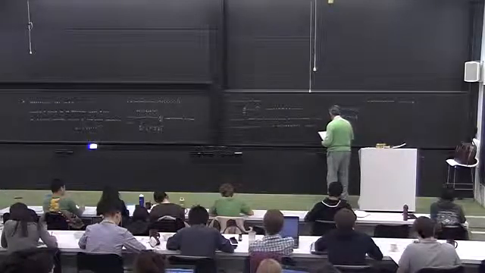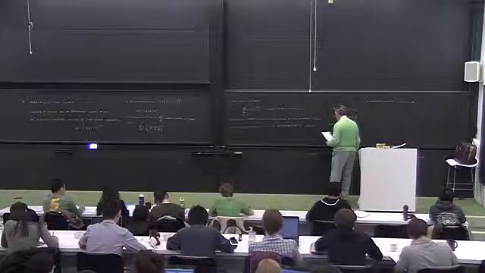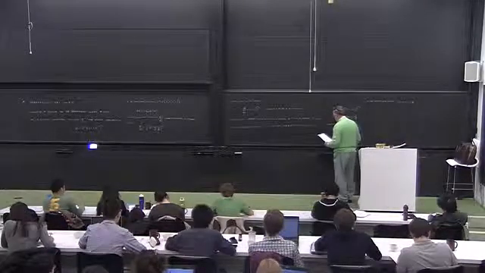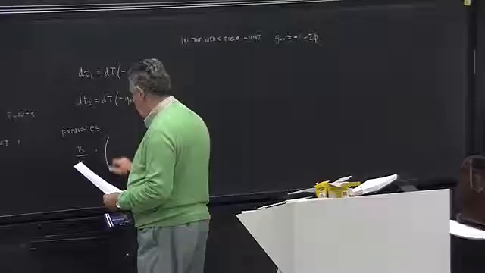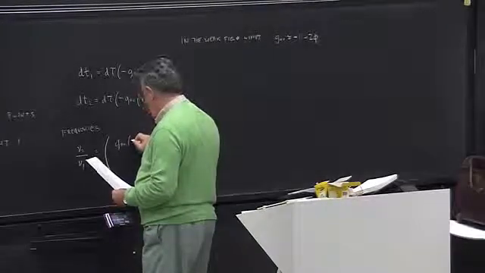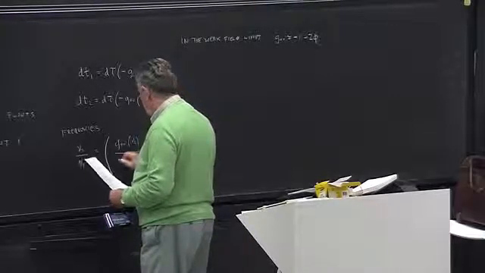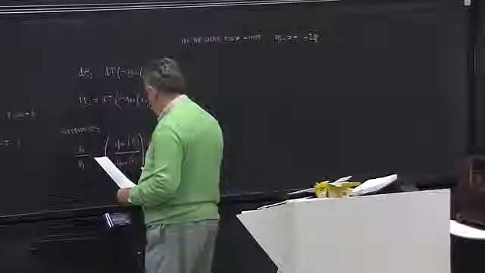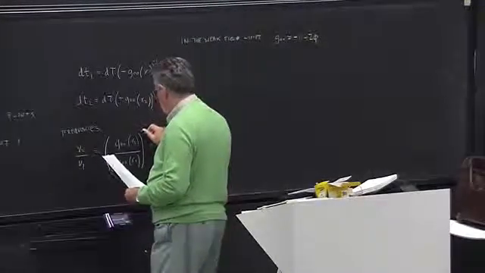The frequency of the light emitted at point 2 divided by its frequency received at point 1 will be the ratio of g naught naught at x2 over g naught naught at x1, to the half.